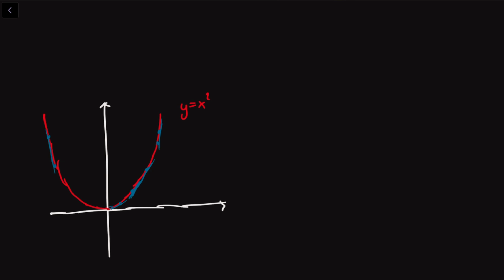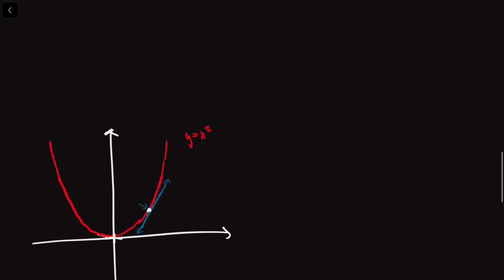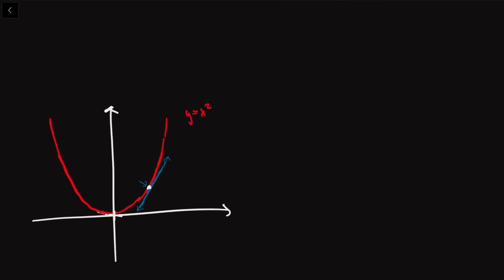But with calculus, we can find the instantaneous rate of change of this function. That is the rate of change of a function at any given point. So I have a point labeled right here, and the rate of change would be equal to this line right here. This line is not a secant line, but a tangent line. The definition of a tangent line is a line that intersects with one point on the function.